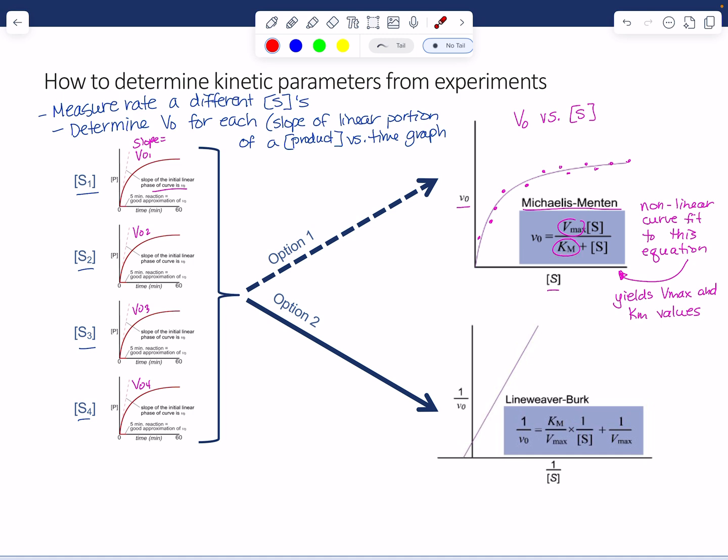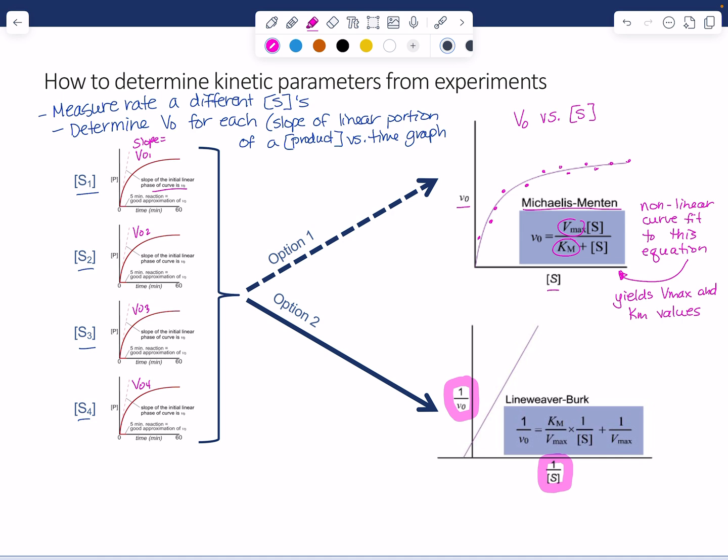So the other way of doing this is if the only thing you can do is fit to a line. Let's say the only software you're going to use is Excel, and all you know how to do is a trend line. What you can do is a Lineweaver-Burk plot, where the thing that differs is that you plot 1 over V0 and 1 over the substrate concentration.